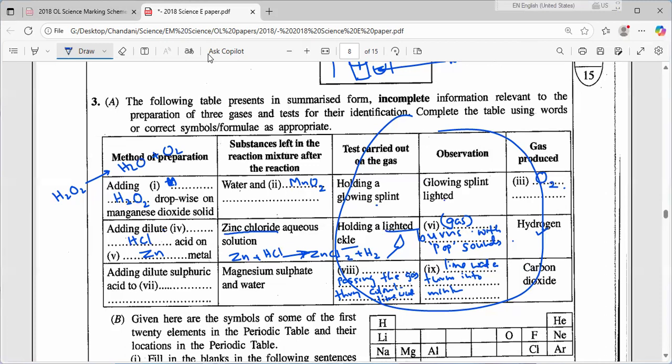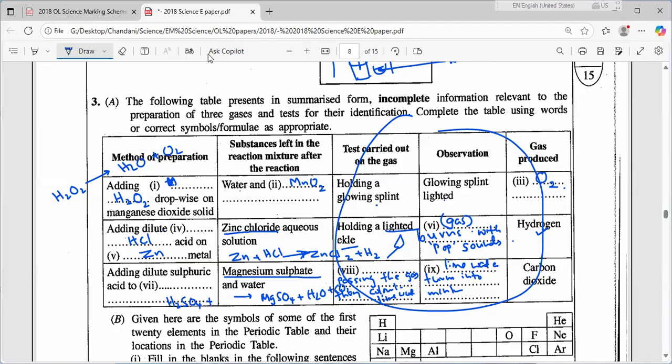Remember that one. And here magnesium sulfate and water are produced. Magnesium sulfate, water, and carbon dioxide. It is getting carbon dioxide as well, no? So what may be the thing? Here the dilute sulfuric acid, H2SO4, is there.